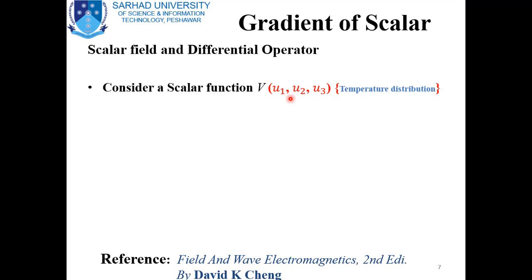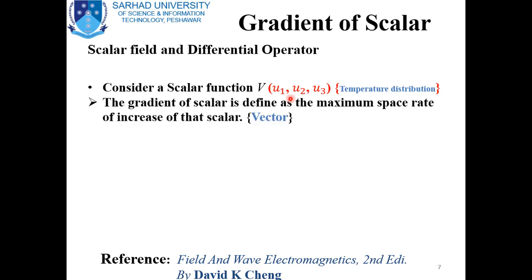For example, a heating source which lies in the xy plane, and the flame is in the perpendicular direction to this plane, so the maximum rate of variation will also be in that direction perpendicular to the plane. So this is known as the gradient of a scalar function, and the gradient of a scalar function is defined as the maximum space rate of increase of that scalar quantity.